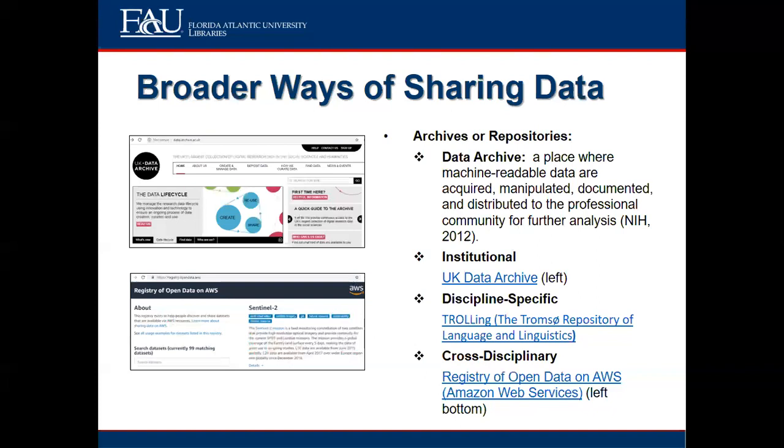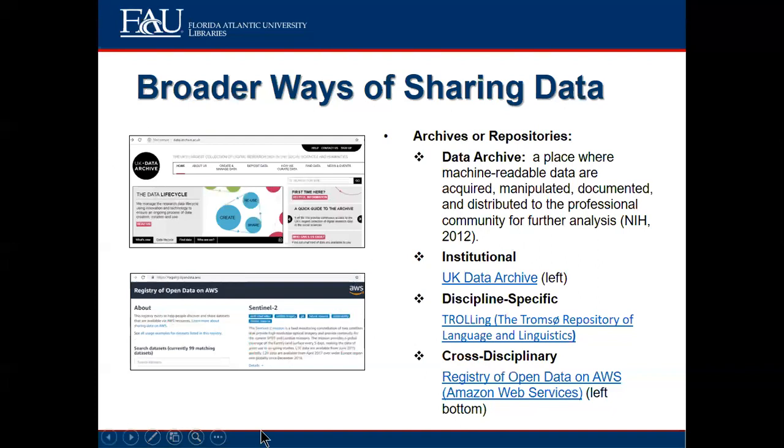So, a data archive, where people can go and download data. Archives and repositories could also be institutional. So, it looks like the United Kingdom government has their own data repository on the page. That's the image at the top, the top one here. But that's a collection of a lot of the data that is undertaken by the British government.